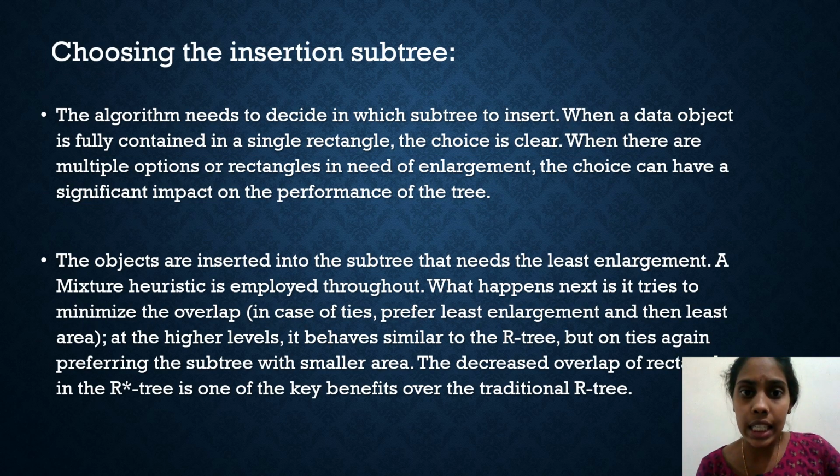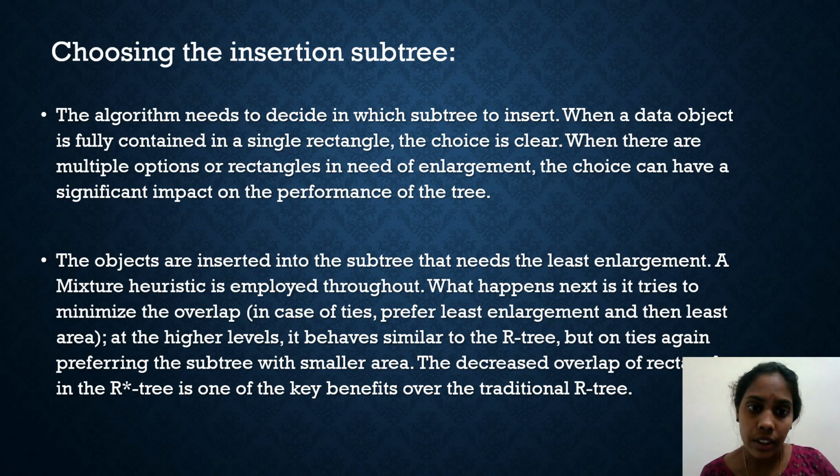Choosing the insertion subtree. The algorithm needs to decide in which subtree to insert when a data object is fully contained in several rectangles, or when there are multiple options or rectangles in need of enlargement. The choice can have a significant impact on the performance of the tree. The objects are inserted into the subtree that needs the least enlargement.